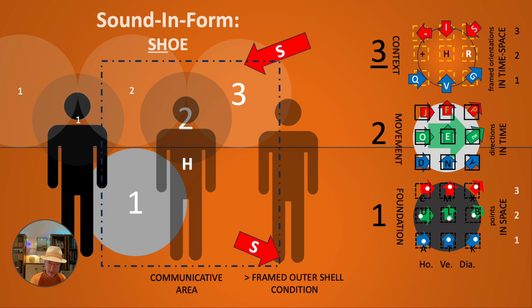It's that communicative area, the H, and because of this framing, you also have not just the far away distance, or a certain distance towards something general. It's also like a framed shell, this shell in which the conditions work.